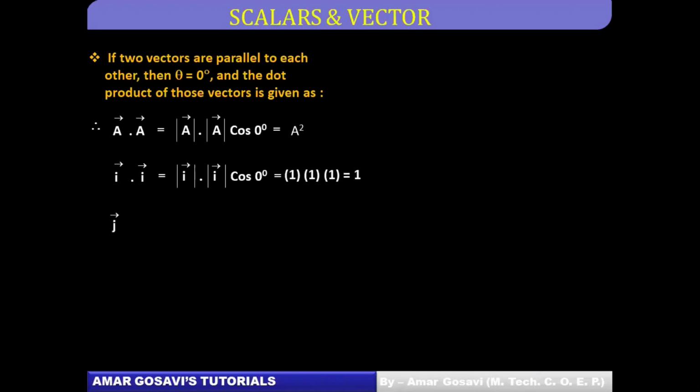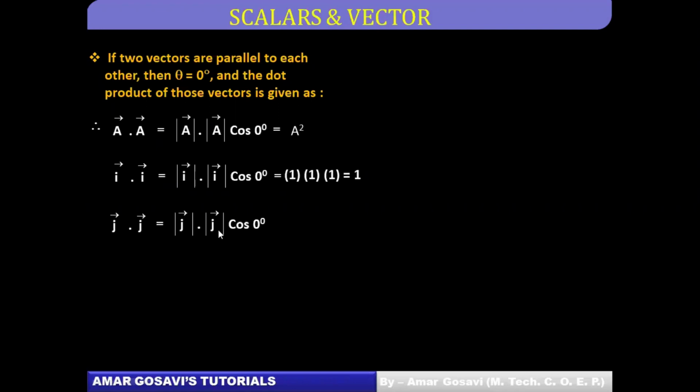Second important thing. Similarly, j cap dot j cap will be magnitude of j multiplied by magnitude of j, and obviously the angle between j cap and j cap is 0, so it will be cos 0, which is 1. j cap is again a unit vector, so the magnitude of this unit vector will be 1, and of the other also 1.